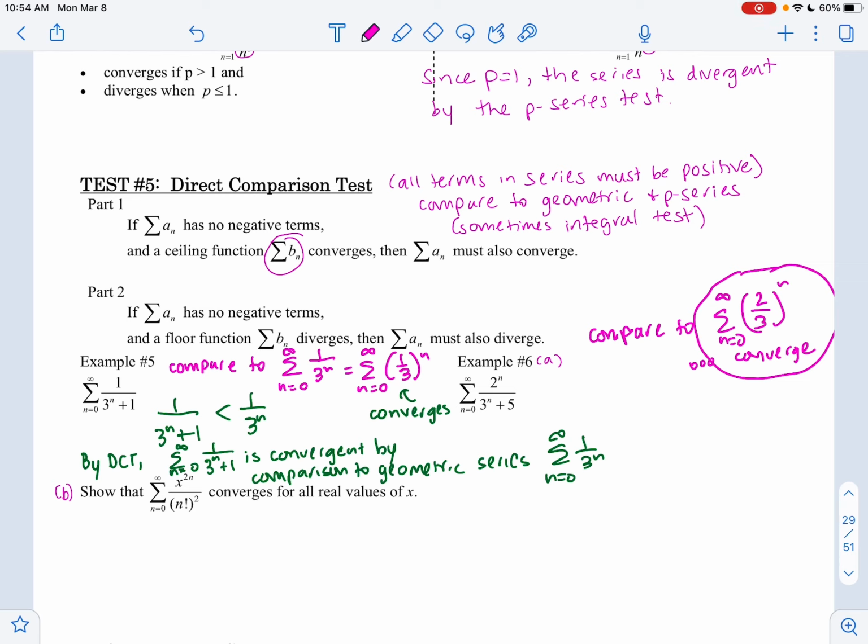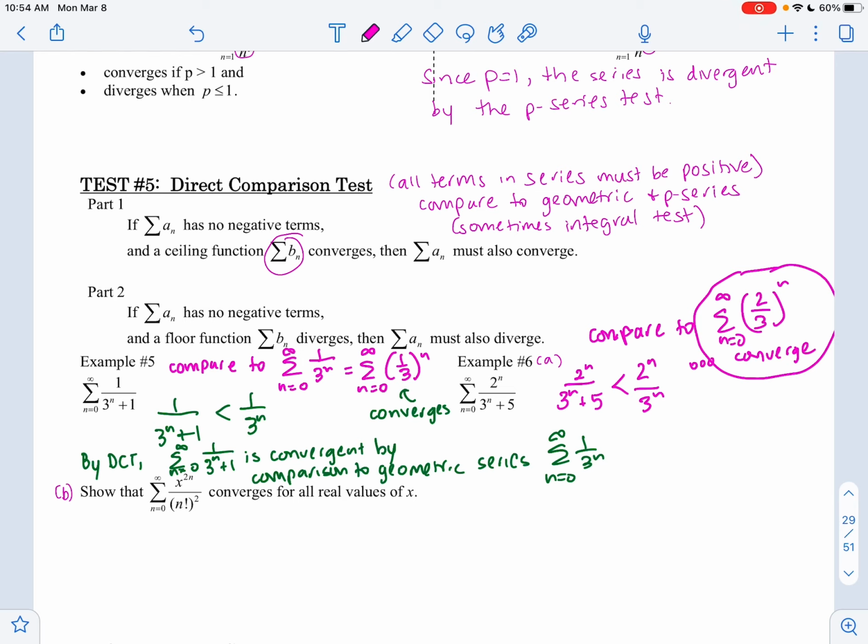So if that's my ceiling function and it converges, I have to establish that the other function is below that. So is 2 to the n over 3 to the n plus 5 less than 2 to the n over 3 to the n? And indeed it is, for the same reason: I'm adding 5 to a denominator, therefore that fraction is smaller.